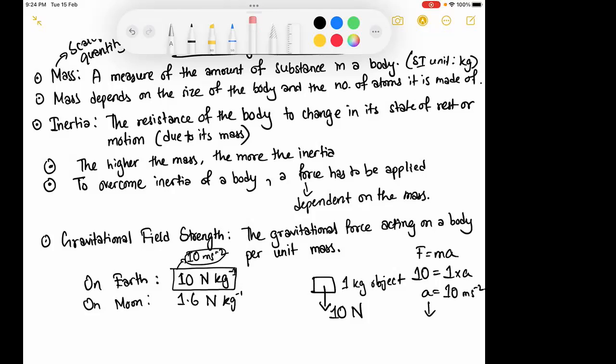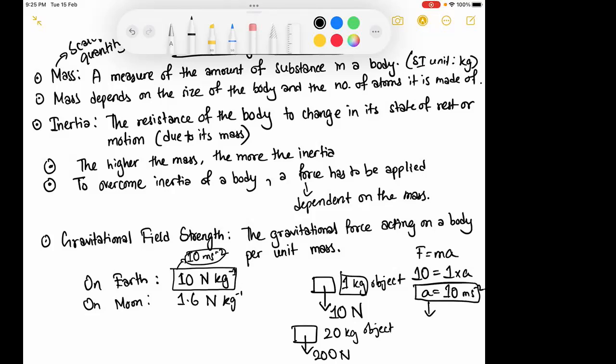We got 10 meter per second square here only because of the mass of the object, right? Because it's 1 kg. But if it was something else, then it wouldn't have been equal, right? Exactly, the acceleration as an object falls actually depends on the mass. So if it was a 20 kilogram object, then its weight is higher, let's say 200 Newton.